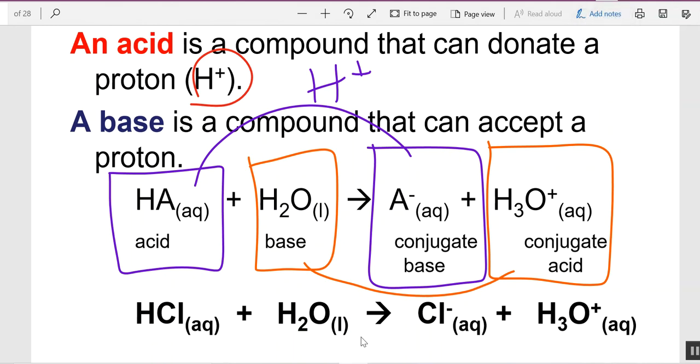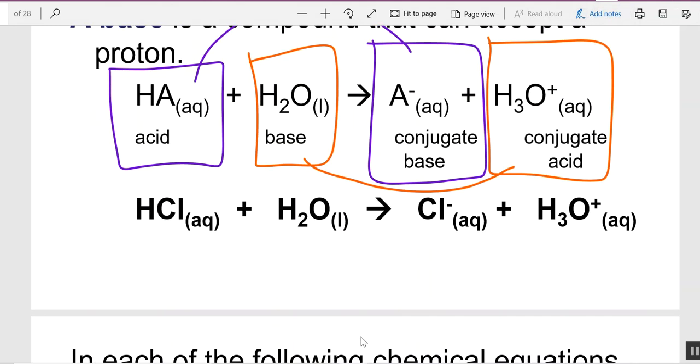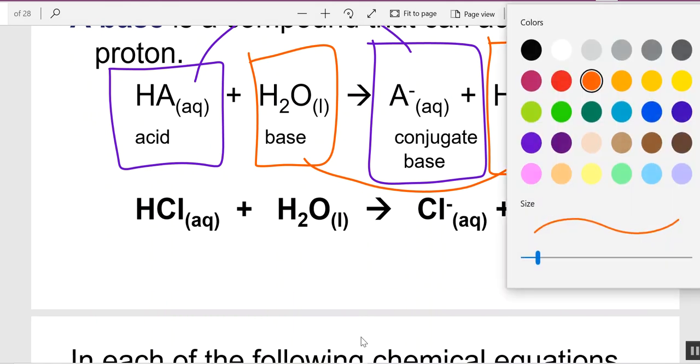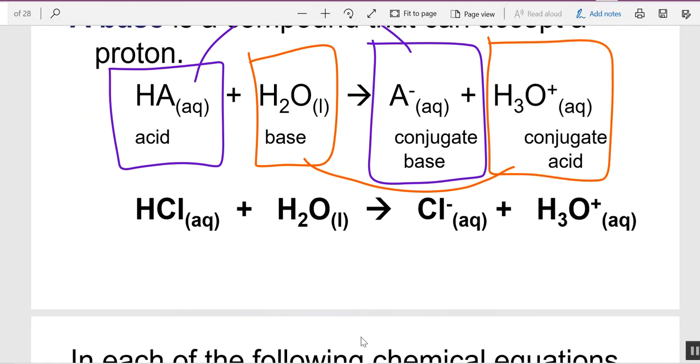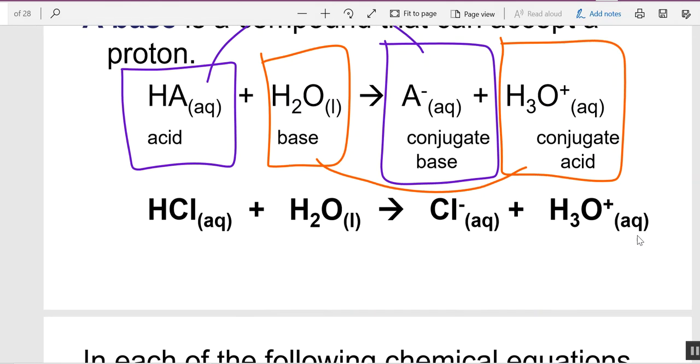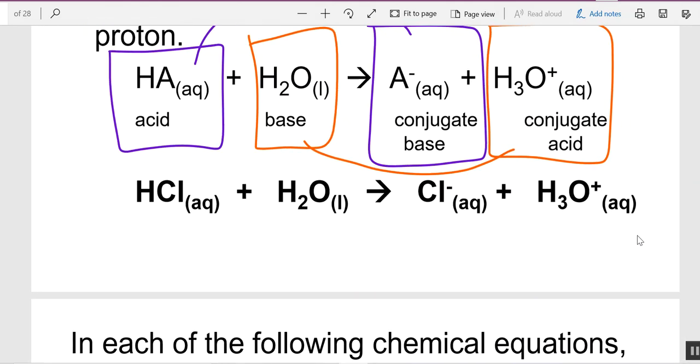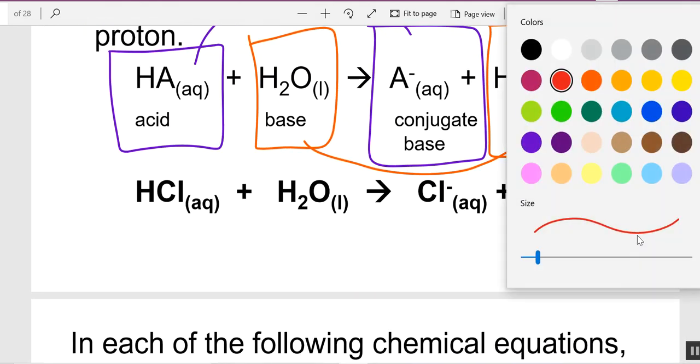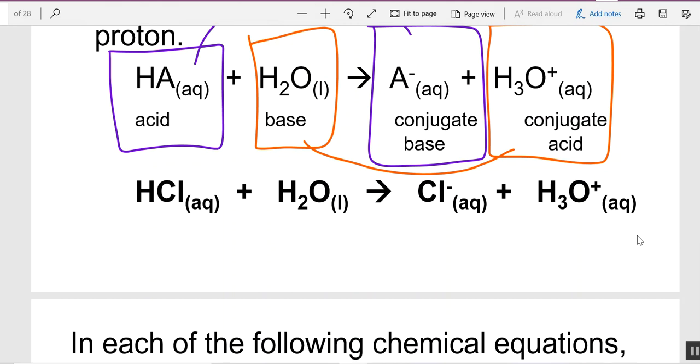Let's take a look at HCl, and then water, and then chloride ion, and then this one. You can see that this is the acid. It donates the H plus to water.